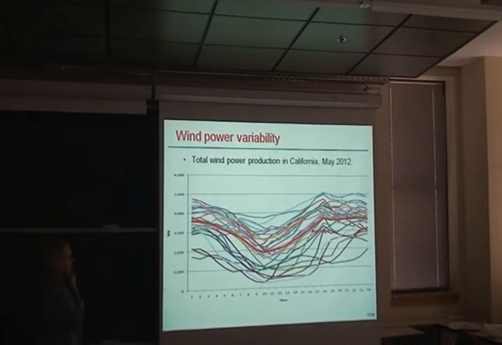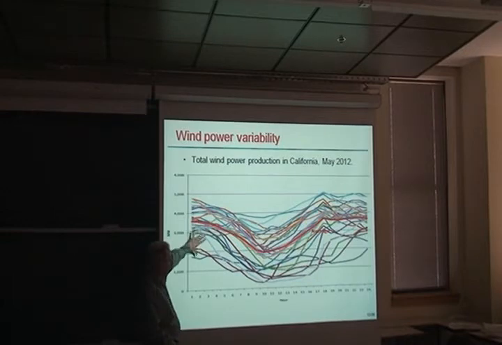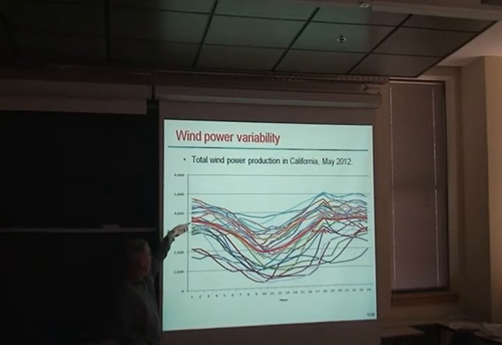Okay, so wind, what does the output from wind look like? It shows the total wind power production from across all of California for May last year. Every day is a different colour, and then the dark red line is the average of all the days throughout that month.